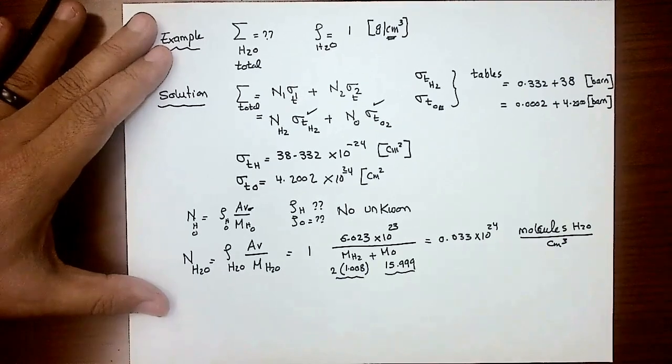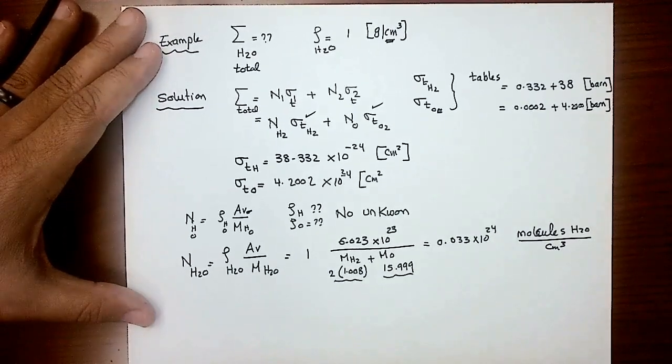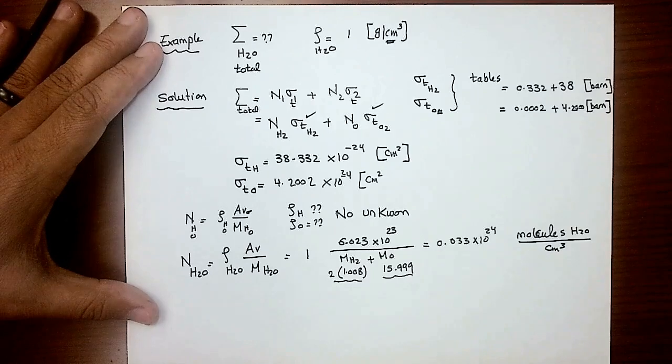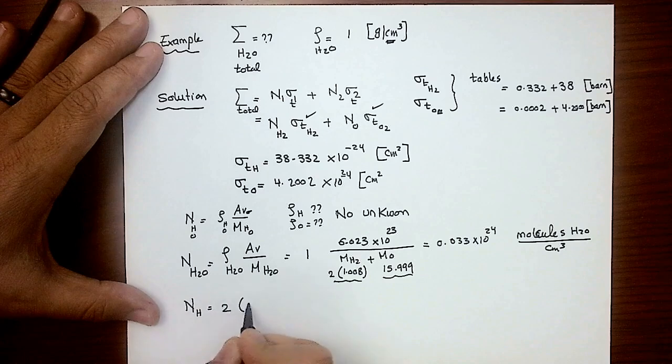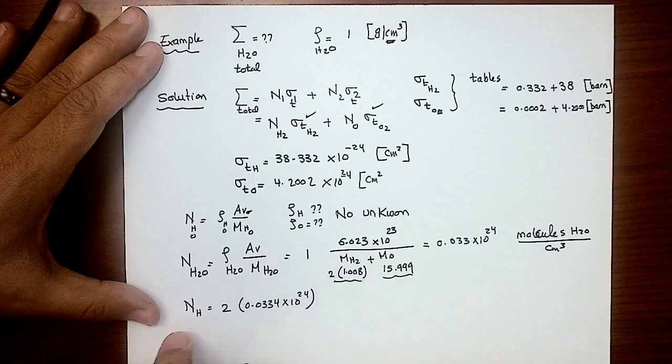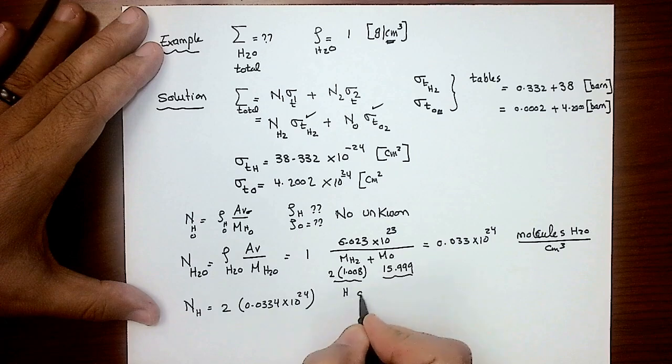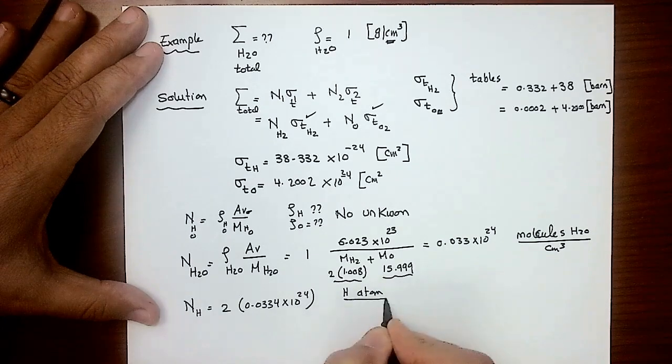I know that each water molecule has 2 atoms of hydrogen and 1 atom of oxygen. So if I want to get the number density of hydrogen, I will multiply 2 by 0.0334 times 10 to the 24. This will give me the number density of hydrogen, in hydrogen atoms per centimeter cubed.